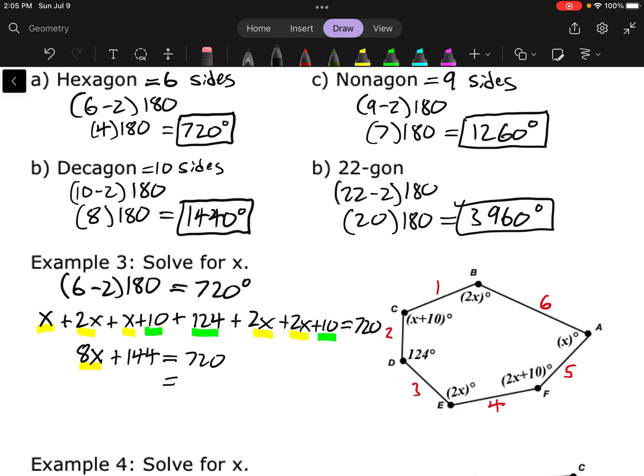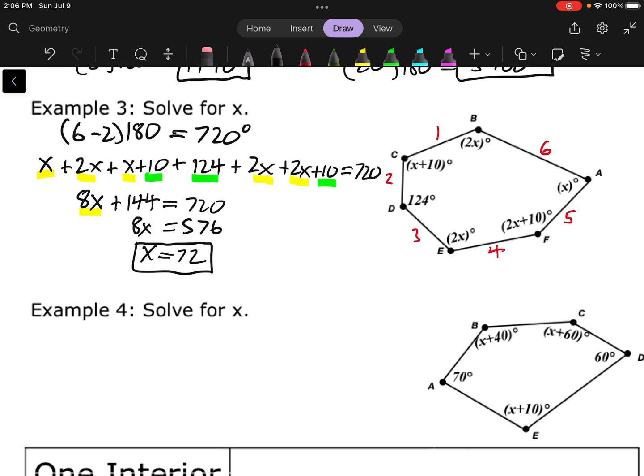If I subtract the 144, 720 minus 144 is 576. And then I will divide that. 576 divided by 8 is 72. So x has to be 72.